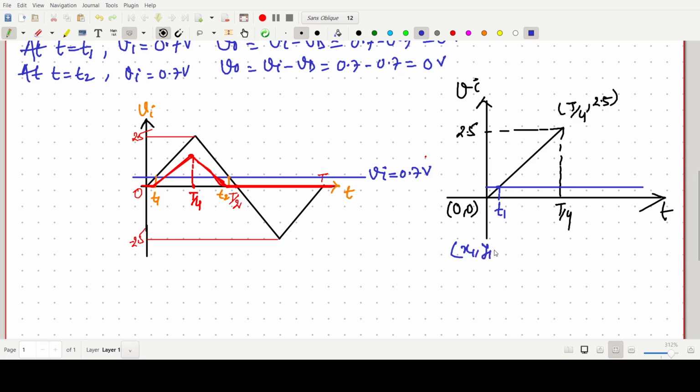x1 and y1. Say this point, and another point is this one is x2, y2. For the time being, I am saying this one is x-axis, and I am saying this one is a y-axis. Okay, so 2 points are given, x1, y1 and x2, y2.